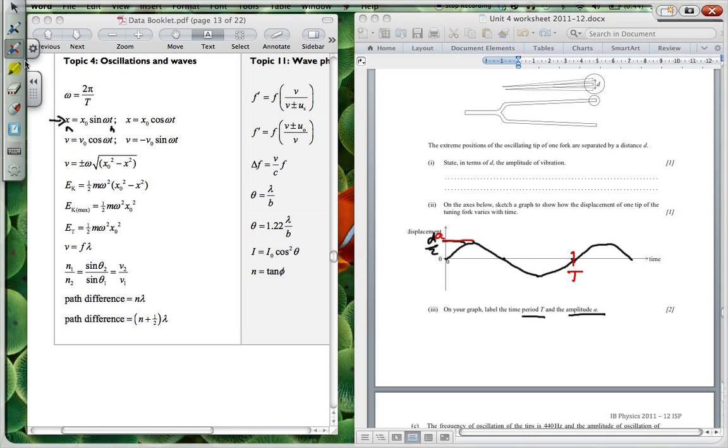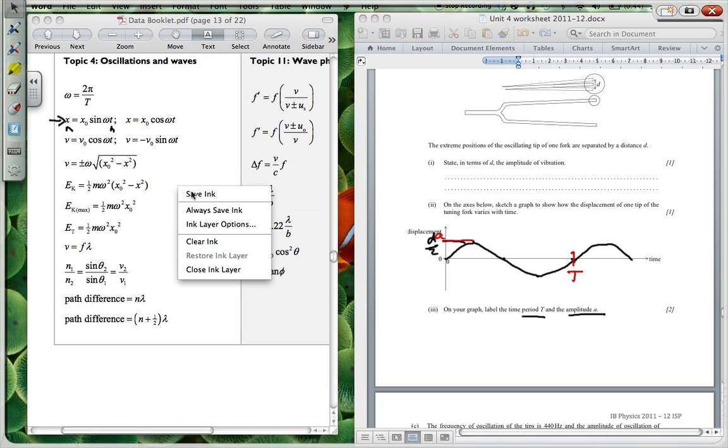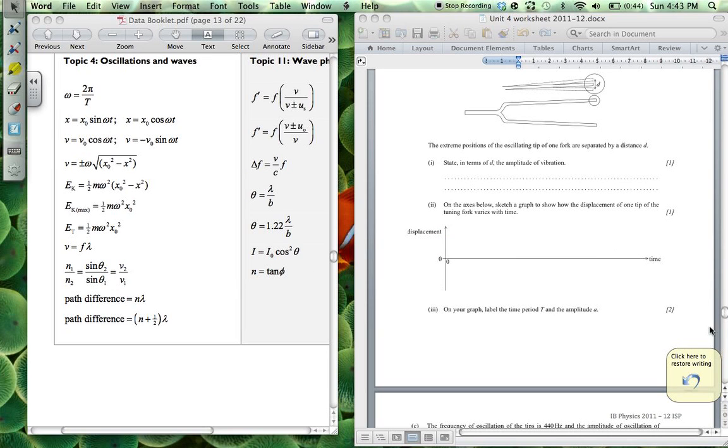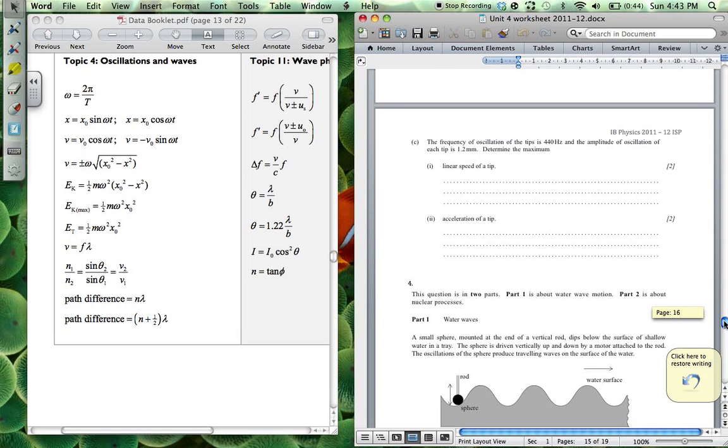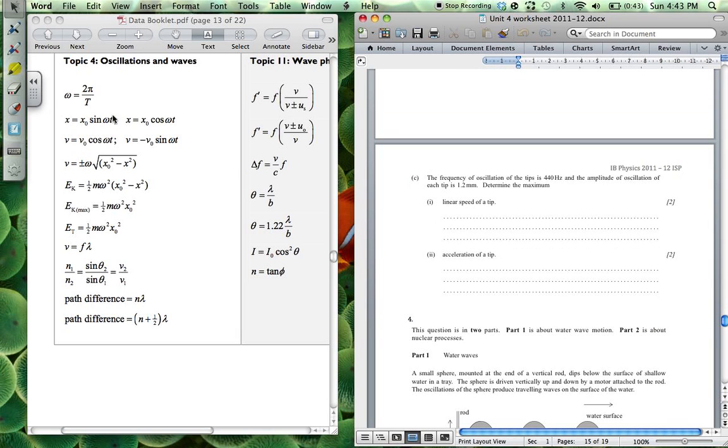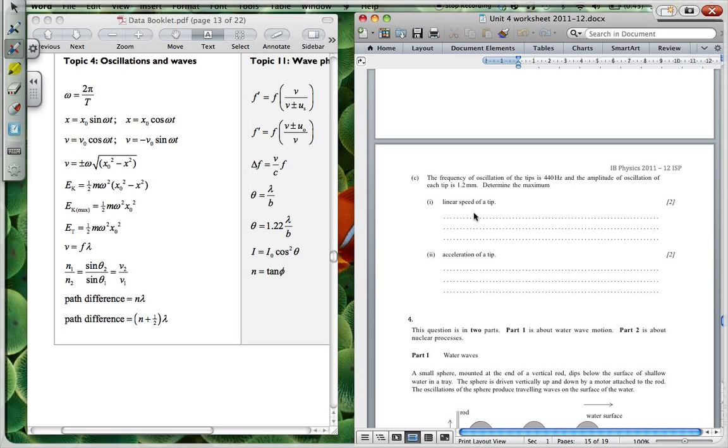Fine, let's go on to the next part of the question now. So it's question C. The frequency of the oscillating tip is 440 hertz, and the amplitude, that will be x0, is 1.2 millimeters.